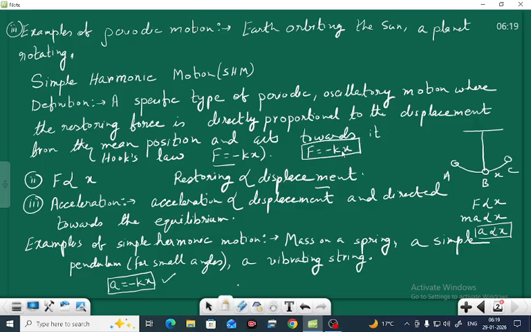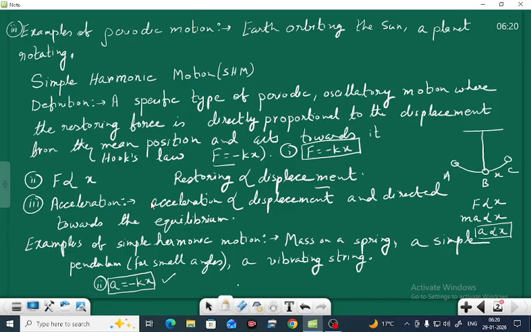These two rules, either restoring force equal to minus kx or acceleration equal to minus kx, are followed in simple harmonic motion. But periodic motion can involve any kind of force, and no specific relationship to displacement is required.